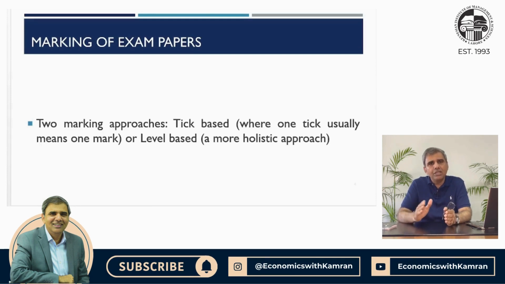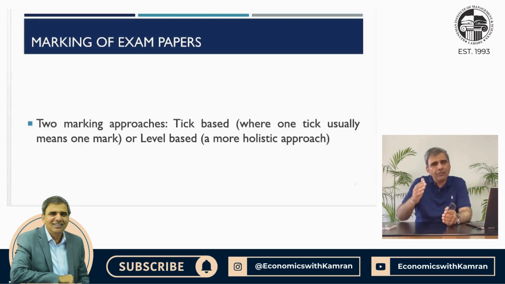The examiners in this type of marking make two types of decisions. One, which level will be awarded to your response. Is it level 4, level 3, level 2, level 1 or level 0. And then the second decision the examiners make is which marks should be awarded to you. So for example, level 4 has 3 marks, 8, 9 and 10. So 8 to 10 is level 4.